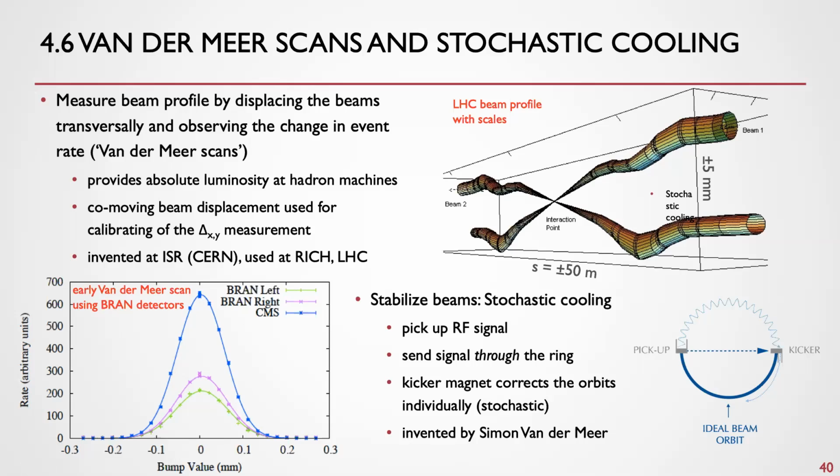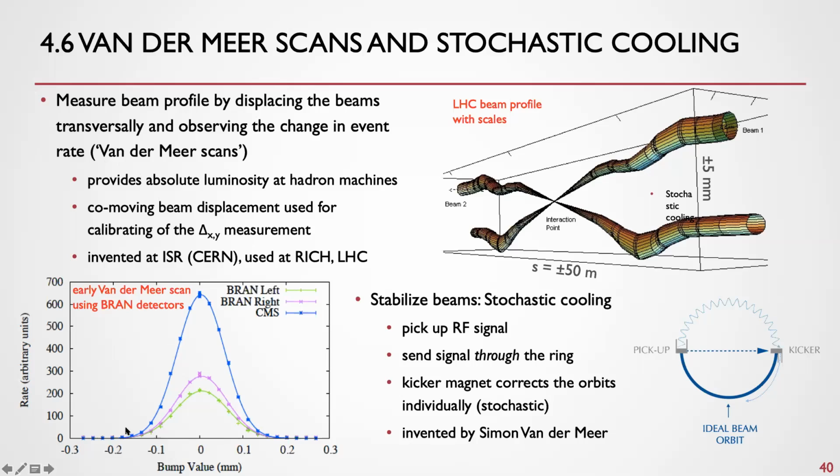One key tool to measure the luminosity are van der Meer scans. A van der Meer scan is a displacement of one beam with respect to the other. So one holds one beam fixed, and then one moves the second beam and displaces it transversely.